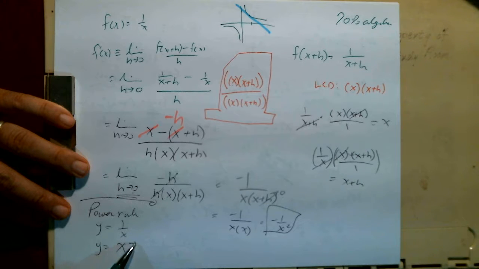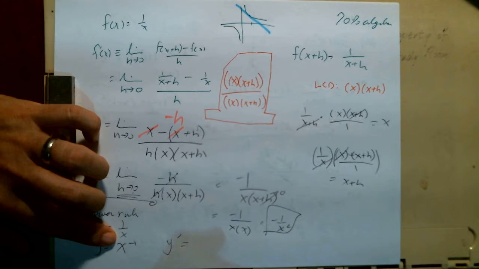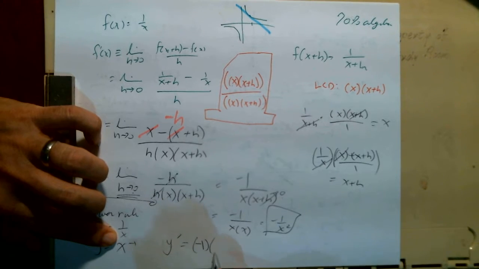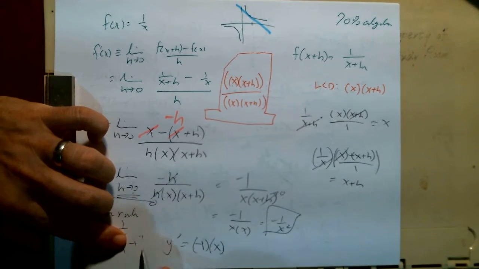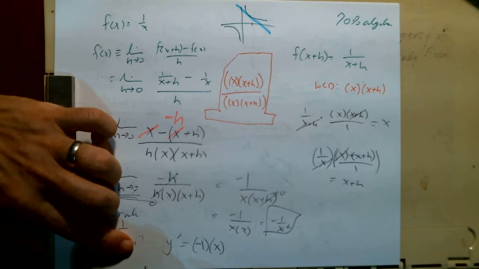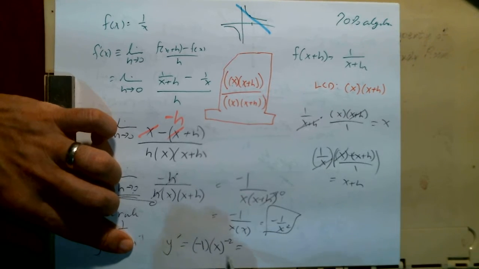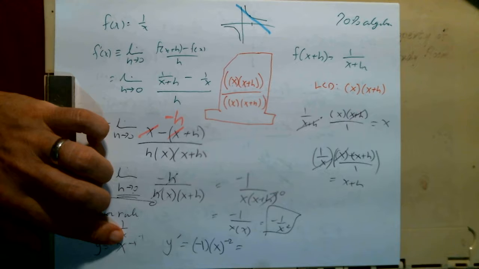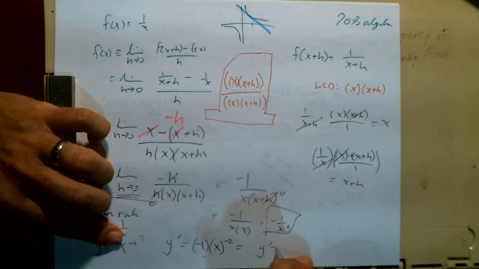The power rule says you bring this down to the front, and then you subtract 1, right? So bring it down first. y prime, that's your derivative, is negative 1 times x to the, subtract 1, negative 1 minus 1 is negative 2. I don't like this negative in the numerator, so I'm going to put it in the denominator, which becomes y prime is equal to negative 1 over x squared.